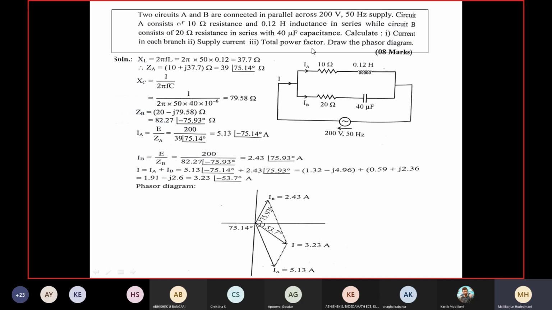What is your next diagram? Draw the phasor representation. What is the phasor representation? IA, magnitude, angle. We just draw the 0 axis and minus, and IB plus, draw it. Then take the resultant of that. Just conclude graphically for your justification.